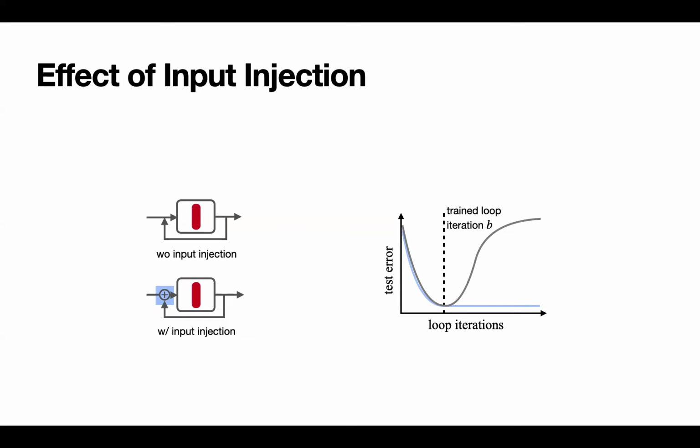But here you pass the very beginning prompt embeddings. So that's a slight difference, but you can think of it as a residual connection if you want. The prompt is the same for every iteration. Every loop iteration, you always pass in the same prompt embedding.